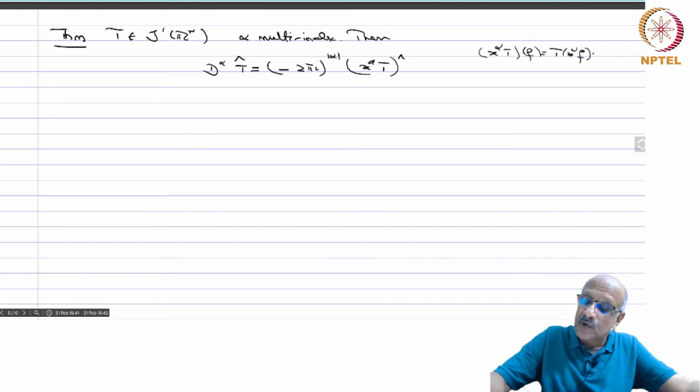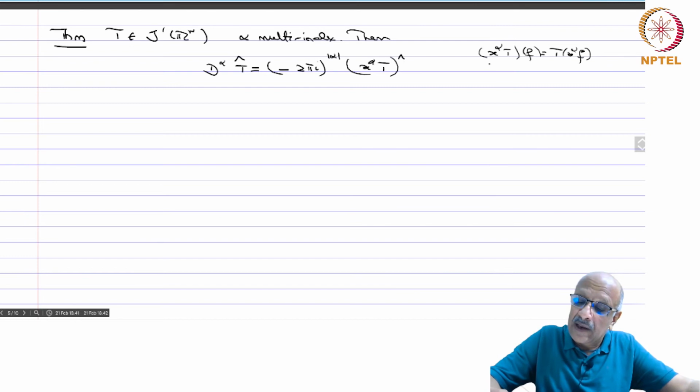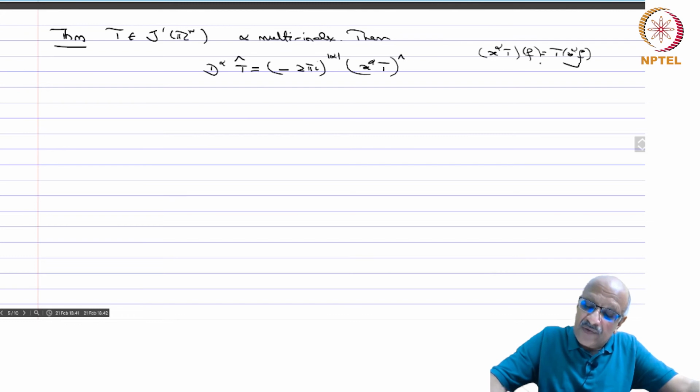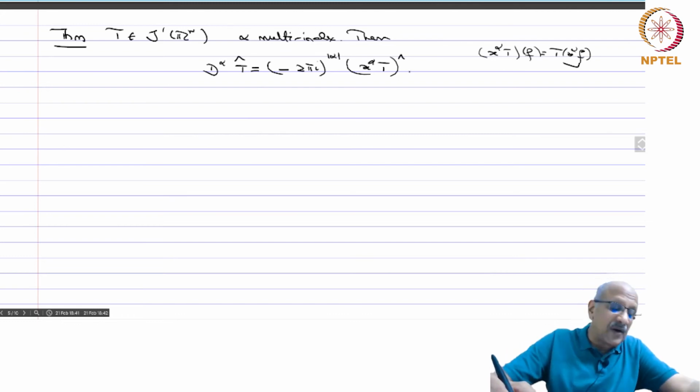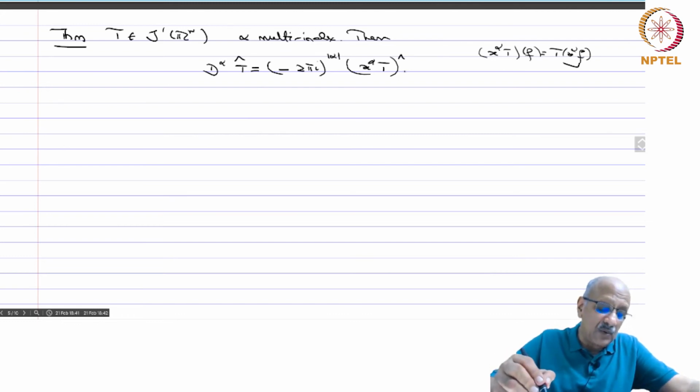This is the distribution definition for multiplication by a C infinity function, but multiplication by monomials will still keep S into itself. So, this makes sense, and of course, you have the convergence properties. Therefore, this defines a tempered distribution. So, x^alpha T is again a tempered distribution, and therefore so is its Fourier transform.